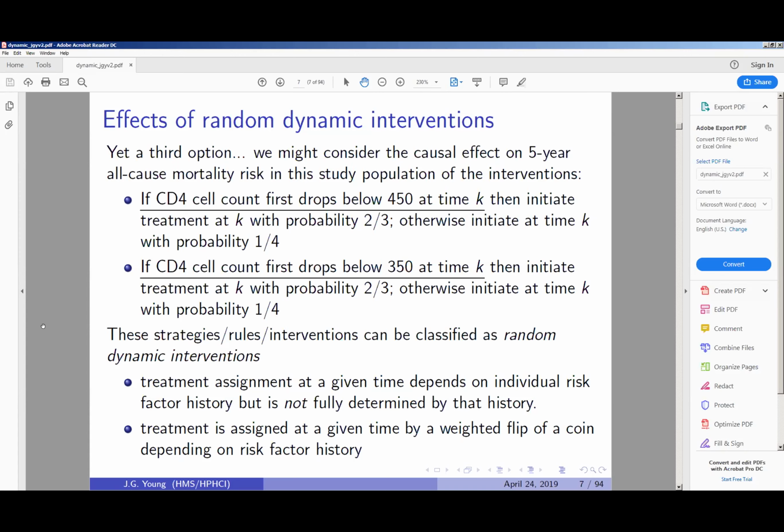It's just that there's some probability associated with it. So we can think of this intervention as the case where we assign treatment according to a weighted coin flip that depends on your risk factor history. You could think of turning a random number generator that's dependent on, in this case, CD4 cell count.